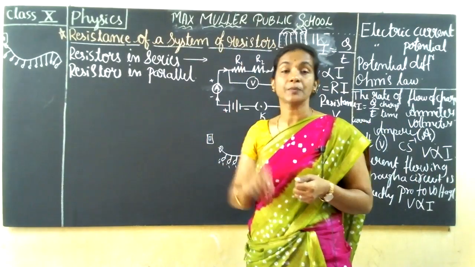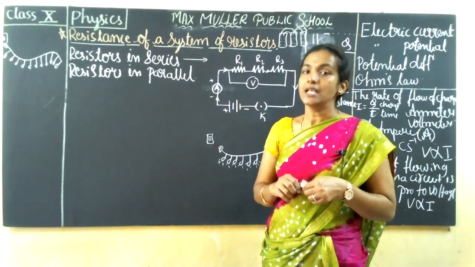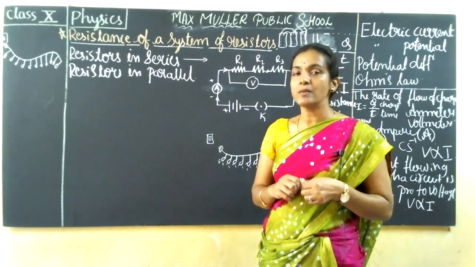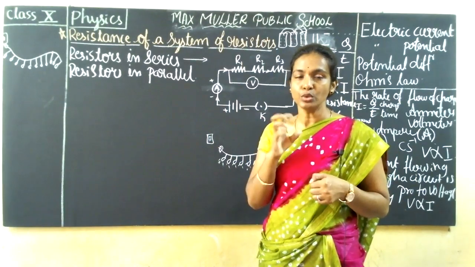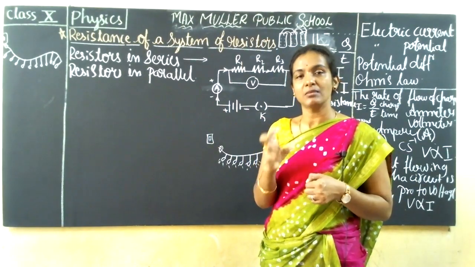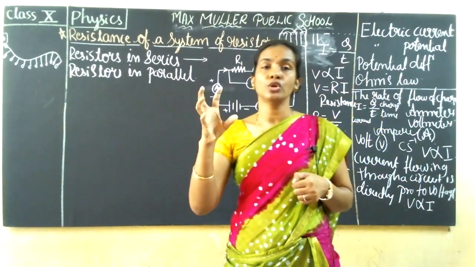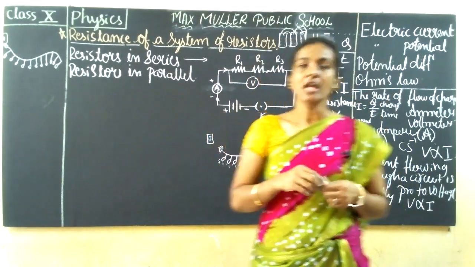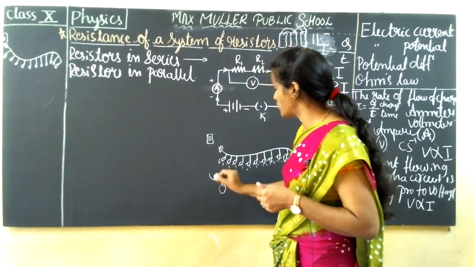What happens, guys? Yes, definitely all the bulbs are going to glow. All the bulbs are going to glow. It may be 100, it may be 1,000, it may be 2,000, it may be 10, it may be 2. All the bulbs are going to glow there. For example, you take one wire and connect one bulb to this wire.